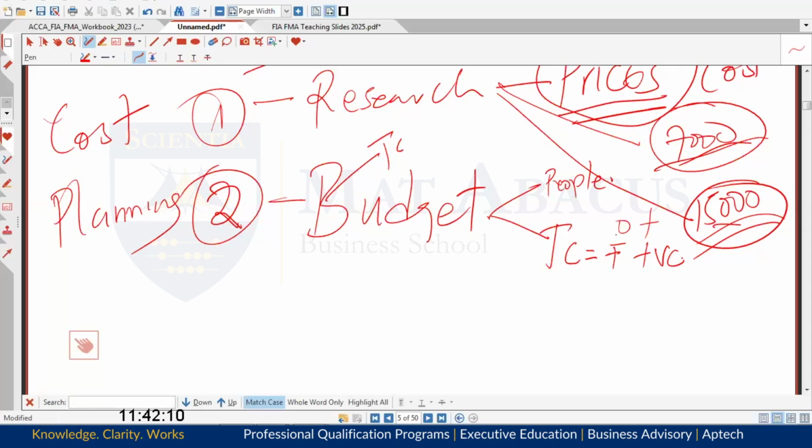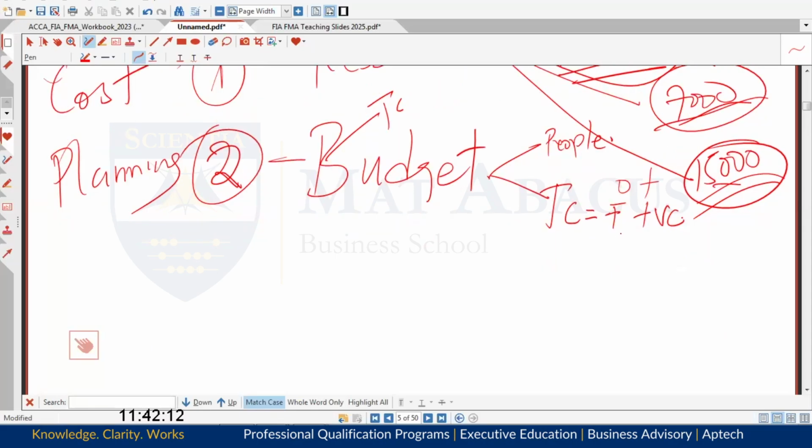When we are looking into the budget, we have what we call the budget factor, the maximum amount you have to spend, unless you have a bottomless pocket.